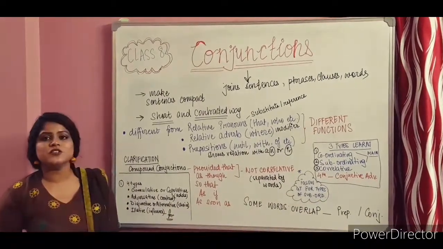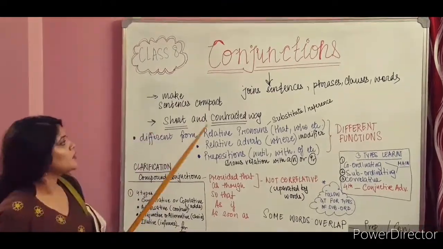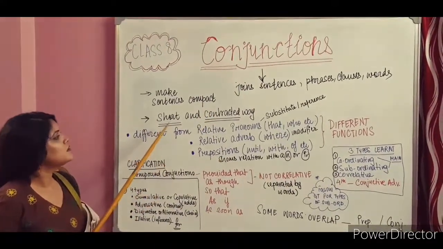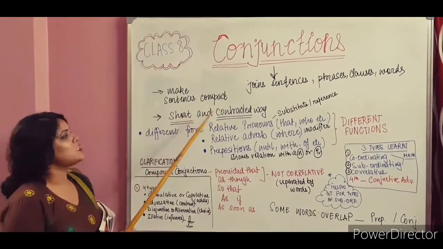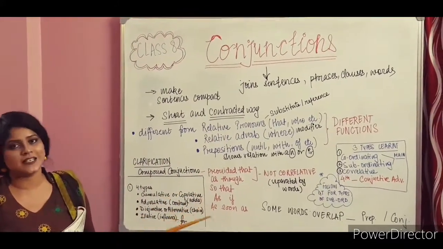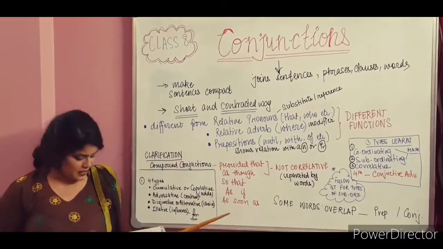Now, using a conjunction would definitely make your sentence compact. Now, when your sentence is compact, it is a short and contracted way of saying a longer sentence. I'll just give you an example from Wren and Martin right now.